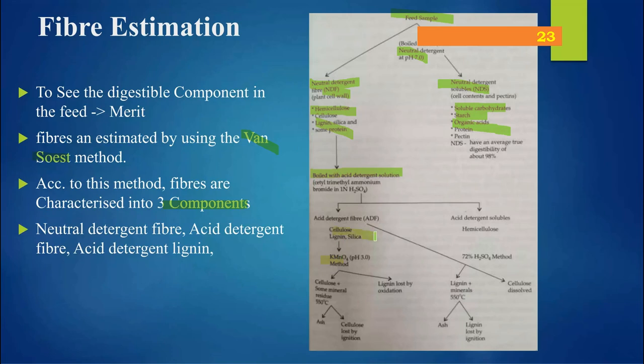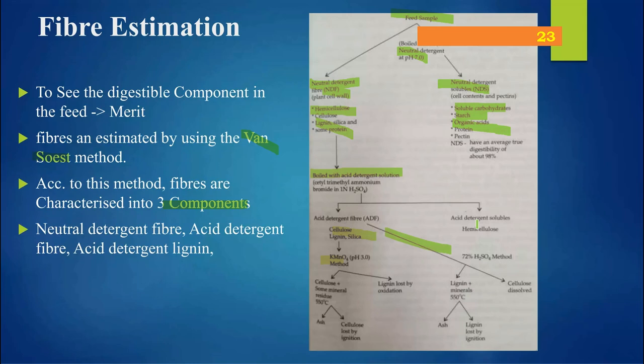The acid detergent fibers are directly treated with 72% H2SO4 in a particular method. Then the lignin and the mineral mixtures will be separated. After some time, the cellulose is dissolved totally.